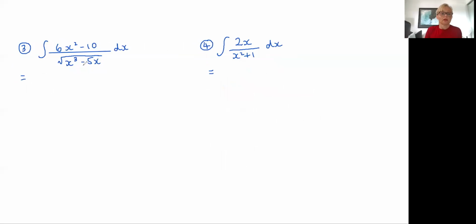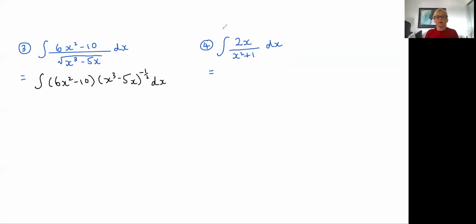All right, again, if we have something like this with a square root in the denominator, it's better to change it into index notation. So 6x squared minus 10 times x cubed minus 5x to the -1/2.